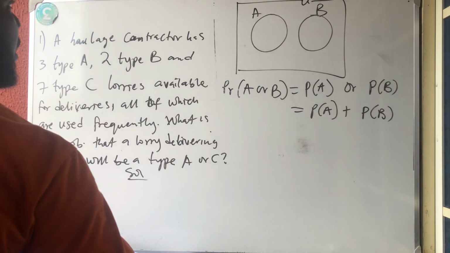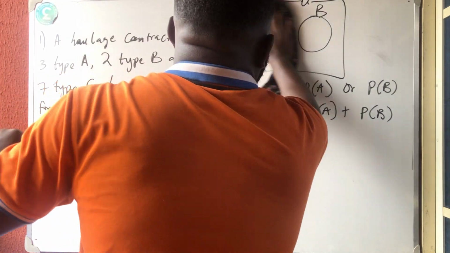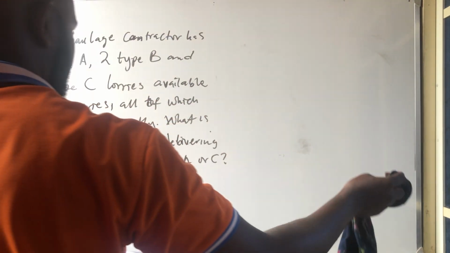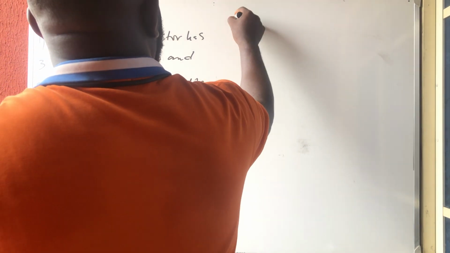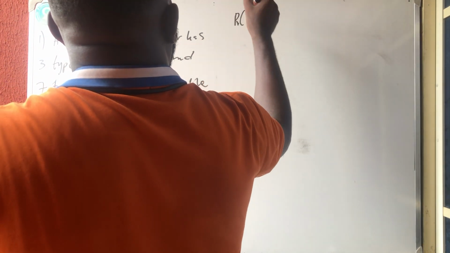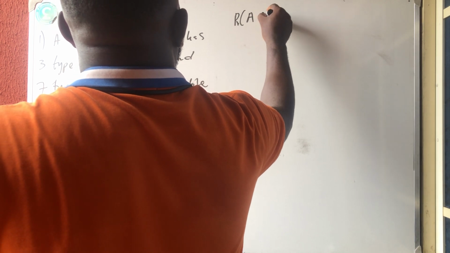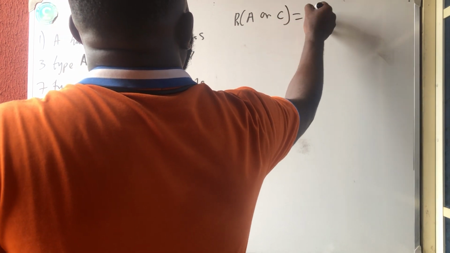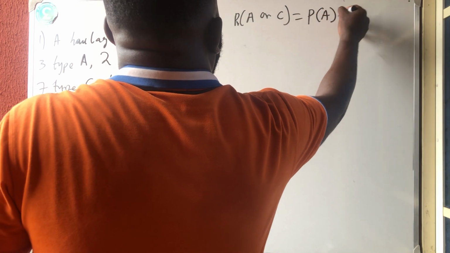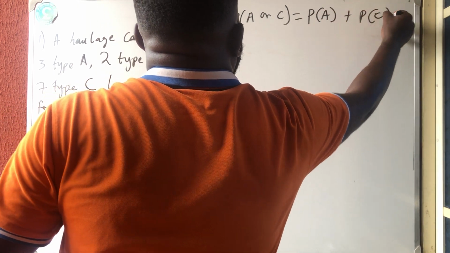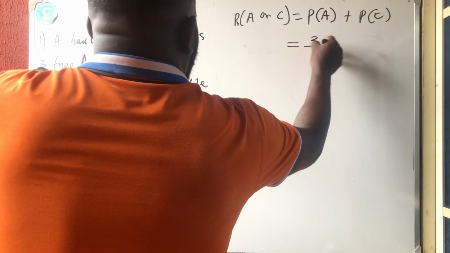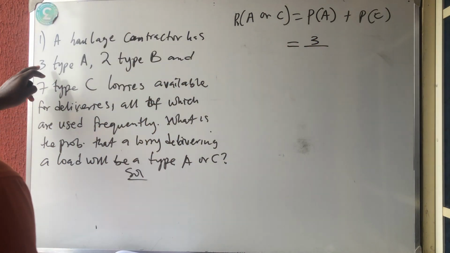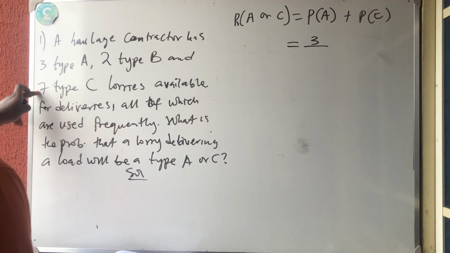Now, if you look at this event, it is mutually exclusive because you cannot be driving 2 lorries at the same time. So the probability of lorry of type A or lorry of type C is simply probability of lorry of type A plus probability of lorry type C. Probability of lorry type A is 3 over how many lorries does this man have? 3 plus 7 is 10, 10 plus 2 is 12.